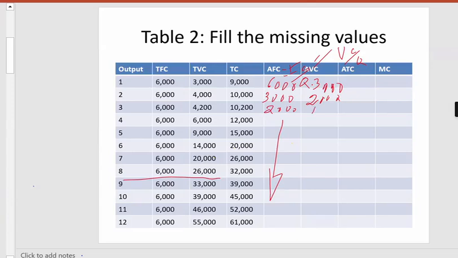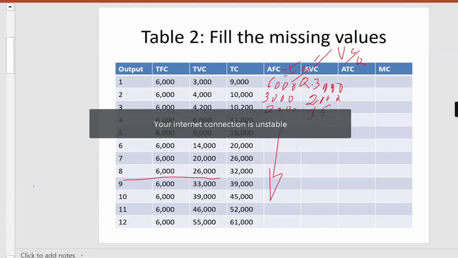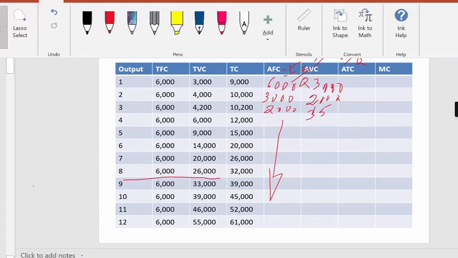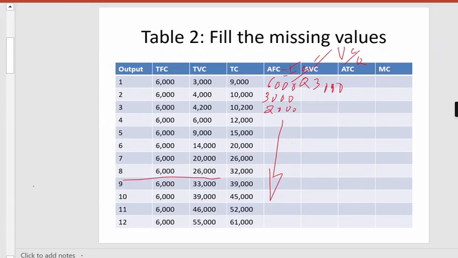Hapa nimepata 1,500. 3,200. When output is 8, the answer is 3,250. Here is 3,000.